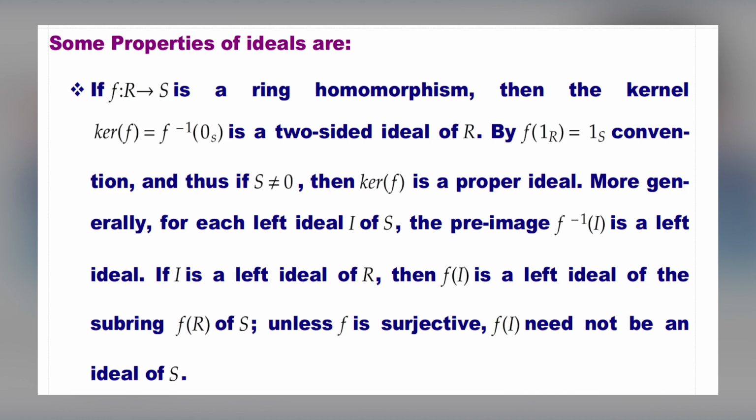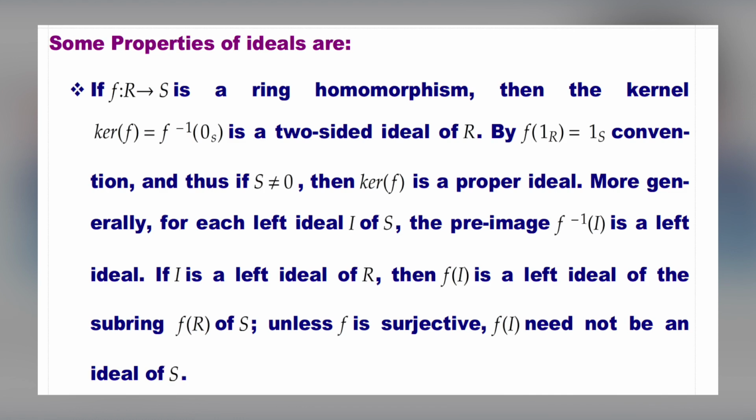If f from R to S is a ring homomorphism, then the kernel of f, equal to f⁻¹(0_S), is a two-sided ideal of R. By the f(1_R) equals 1_S convention, if S is not equal to 0, then the kernel of f is a proper ideal.